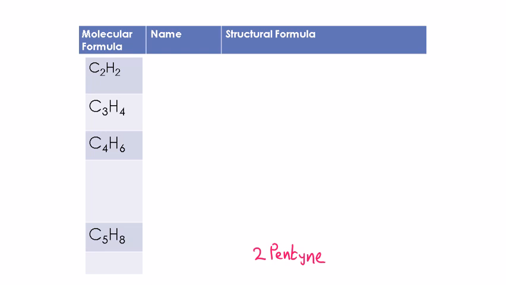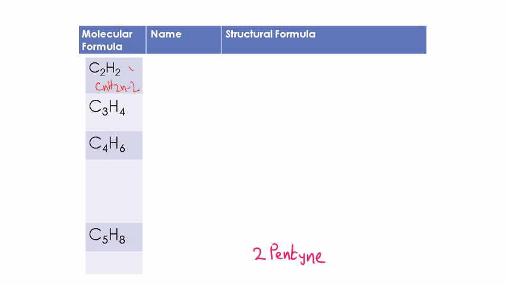Now let us do these examples. So we can see C2H2. With the formula we can try: 2 times 2 is 4, so it is not ene, and 4 minus 2 is 2. So it agrees with the formula CnH2n minus 2.